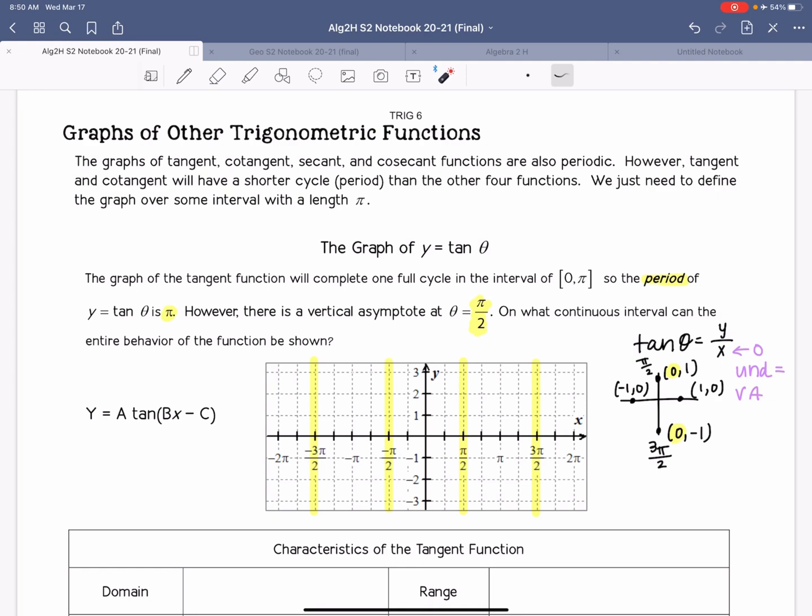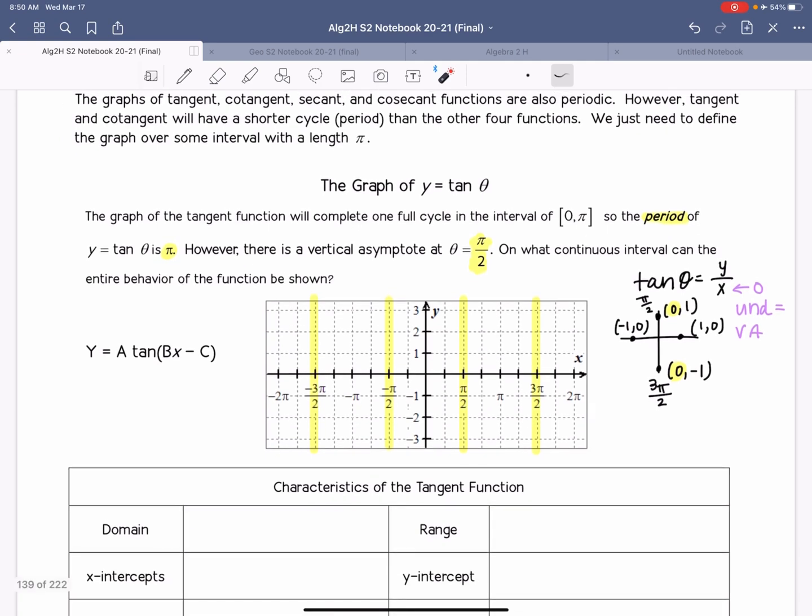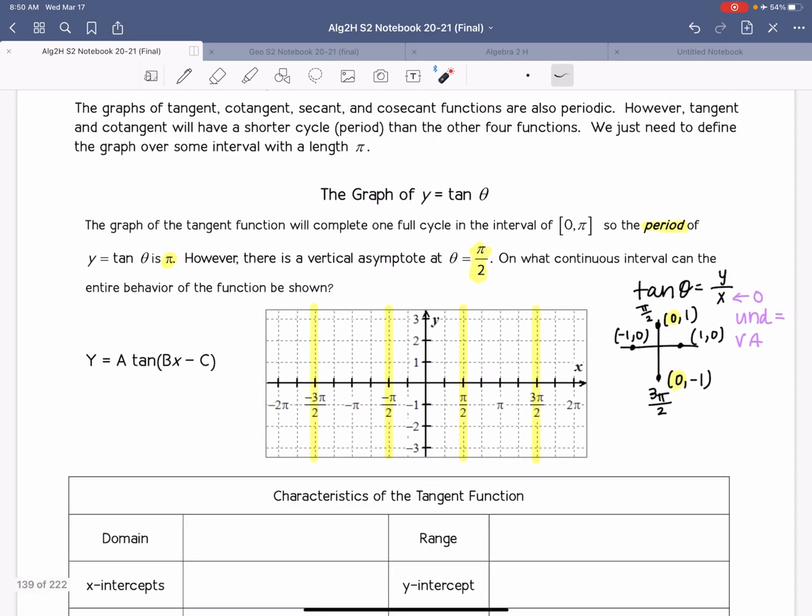So the tangent graph borders the y-axis. Then we want to go ahead and start graphing some points. We look at 0 first. At 0 on our unit circle, what would be my tangent? Again, tangent's y over x. So it'd be 0 divided by 1. 0 divided by 1 is 0. So I would have a point at (0, 0).